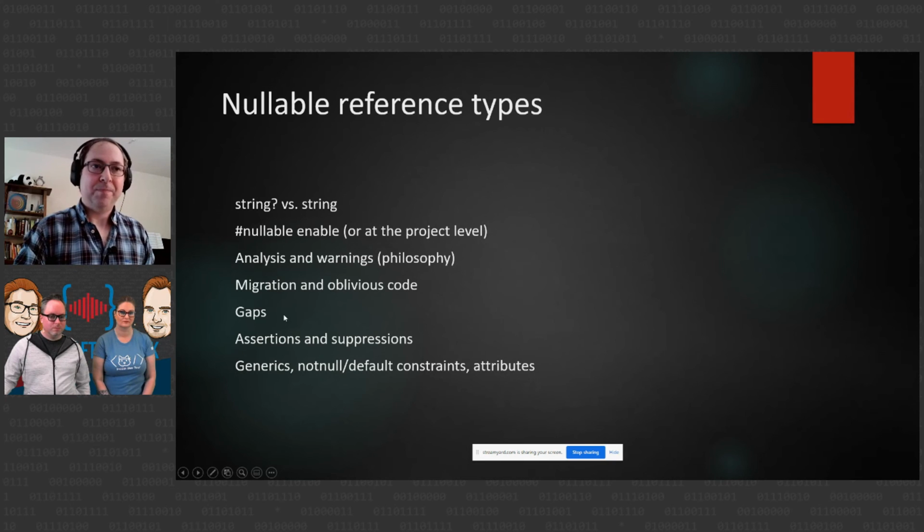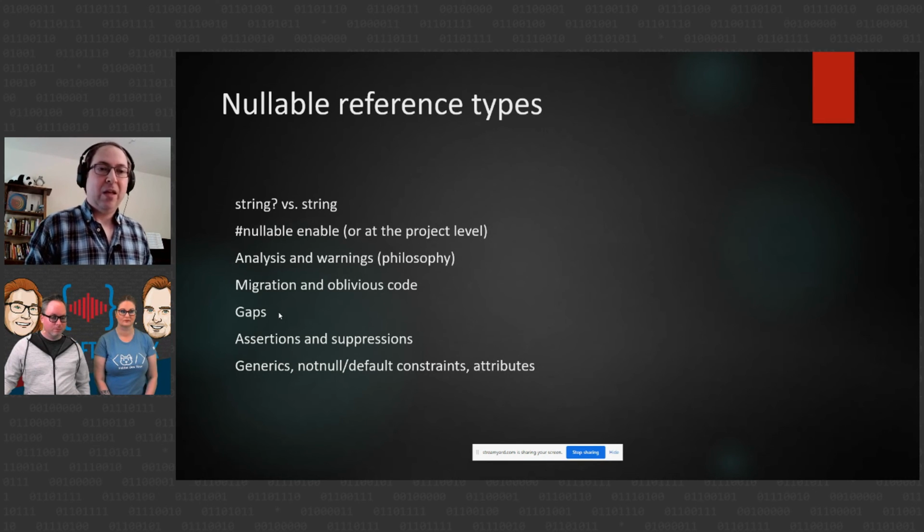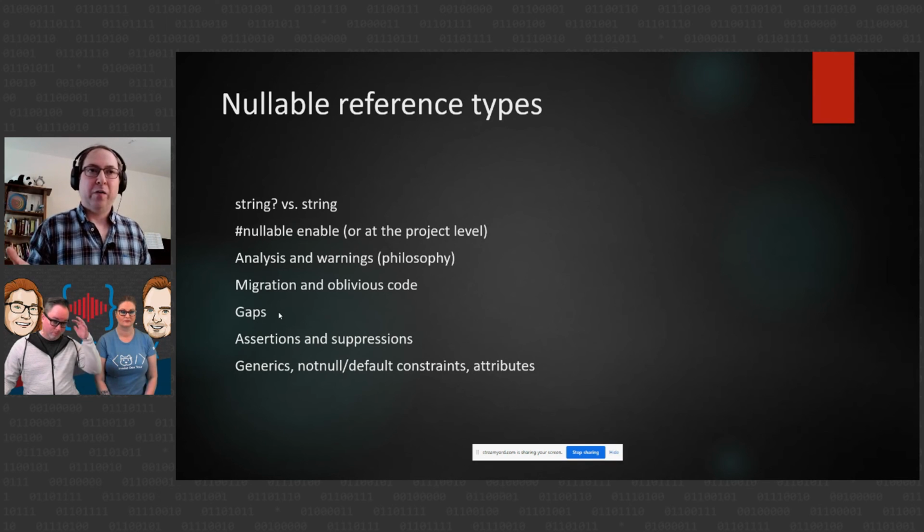We talked about how there are still some gaps. That goes back to the philosophy that we're not trying to be 100% safe. We're trying to be useful, and we picked heuristics as a trade-off of being more useful than being annoying.